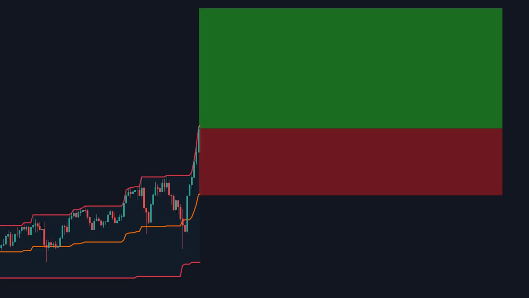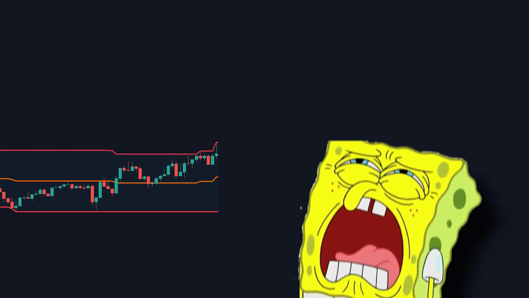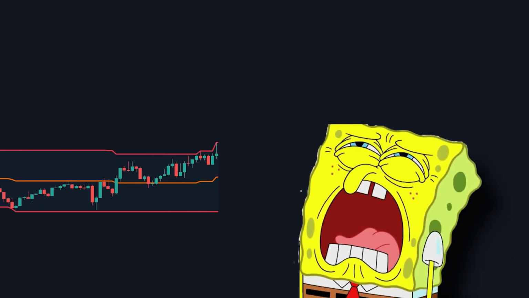Let me explain. Normally how you use this indicator is once price breaks this upper band, you enter a long, set your stop loss right below this middle line, and set your take profit to something like a 2-to-1 risk to reward ratio, and you get a winning trade. But if the market is consolidating like this and moving sideways, this is when we start seeing problems with the strategy.